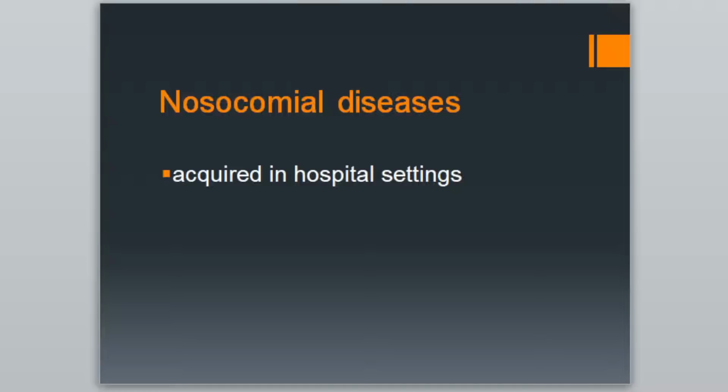Several factors contribute to the prevalence and the severity of nosocomial disease. What could be the factors that contribute? The first one could be that a sick person brings numerous pathogens to the hospital.